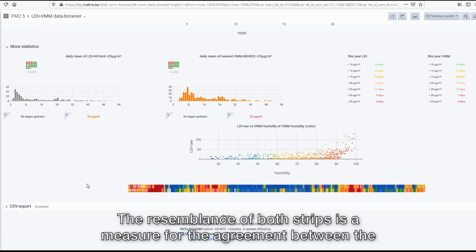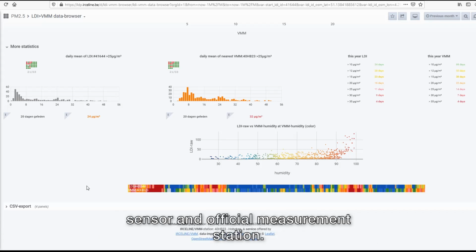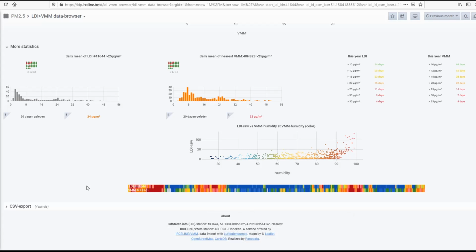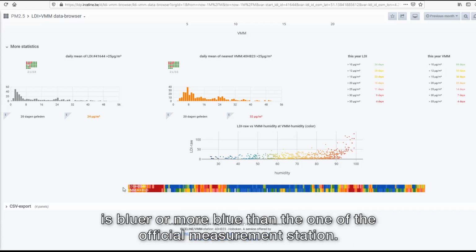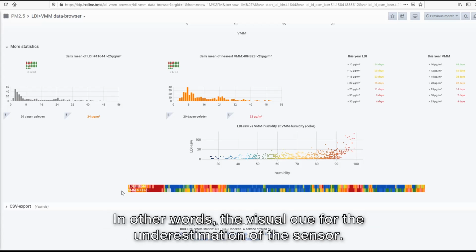The resemblance of both strips is a measure for the agreement between the sensor and official measurement station. In general, we see that the color strip for the sensor, the one at the top, is bluer than the one of the official measurement station. In other words, a visual cue for the underestimation of the sensor.